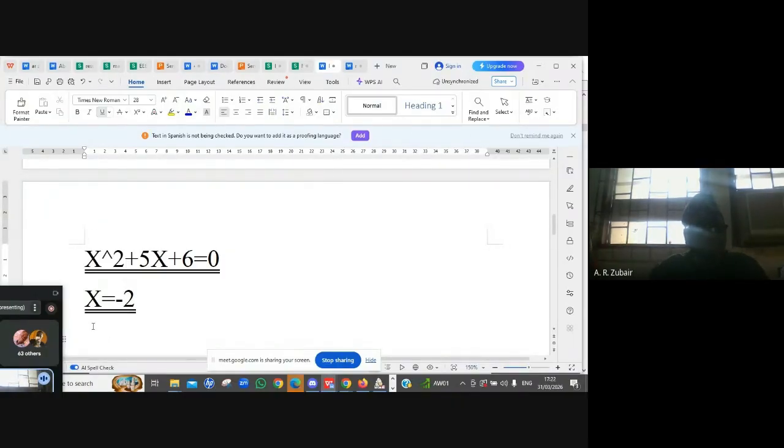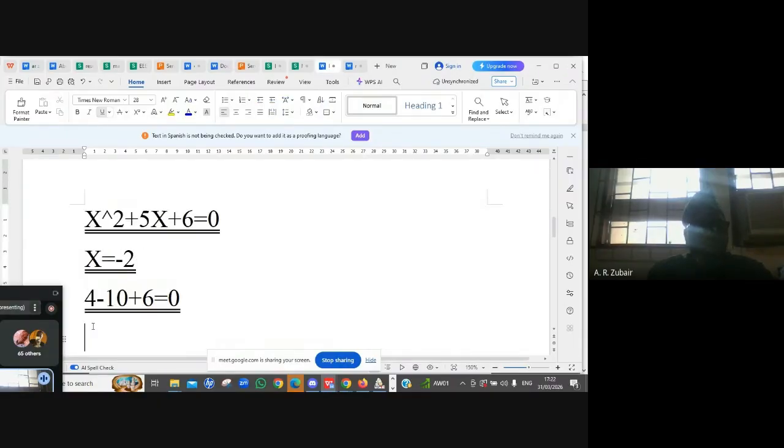When you substitute that, that's going to be what? 4 minus 10 plus 6. What are you going to have? You're going to have 0. That shows that minus 2 is a root of that function. If we put x equals minus 3, that is another root.